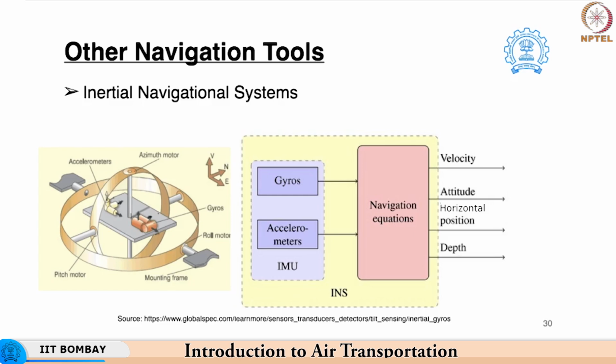For example, whatever radio navigation systems we discussed previously are limited by their range, and most of them cannot be used to carry out precise navigation in sparsely populated areas like deserts or oceanic regions. So in order to carry out navigation in these types of regions, inertial navigation systems are comprehensively used.